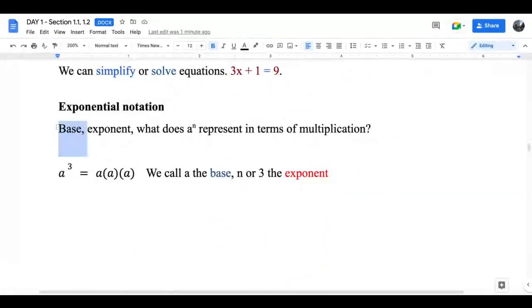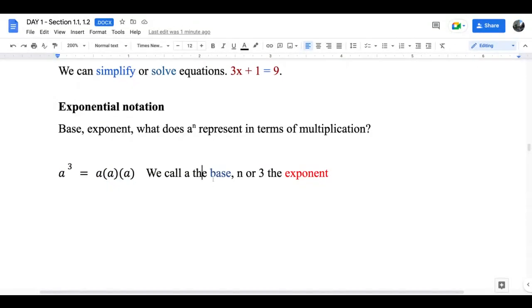Exponential notation, we have base, exponent, right? So a raised by n, a is the base, n is the exponent, or sometimes called n power. So a raised by 3, or a to the power 3, is a times a times a, 3 times.